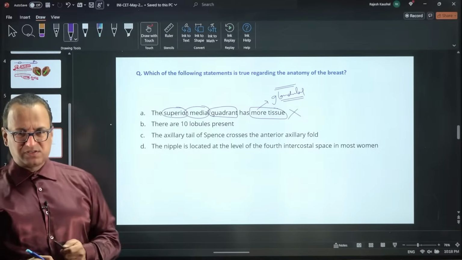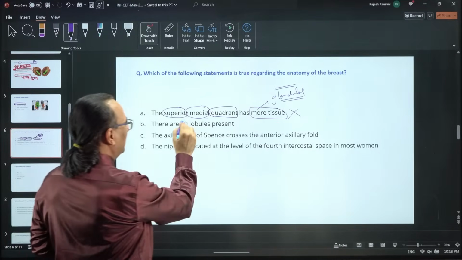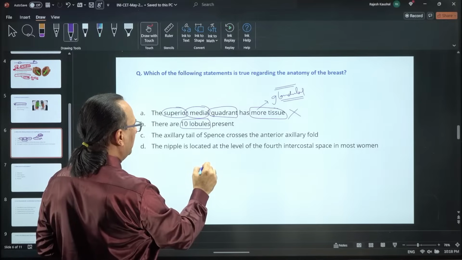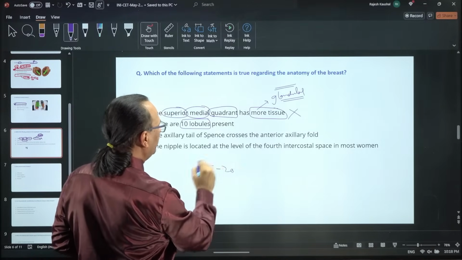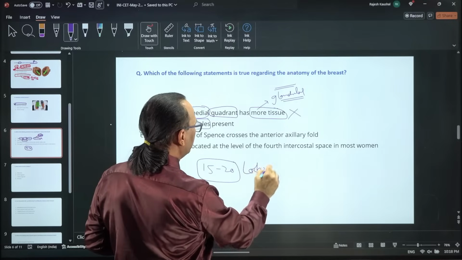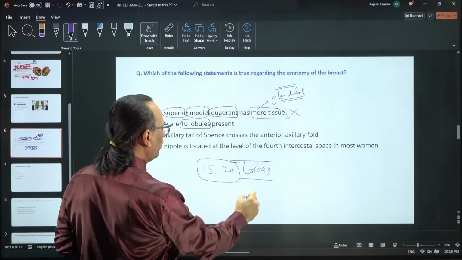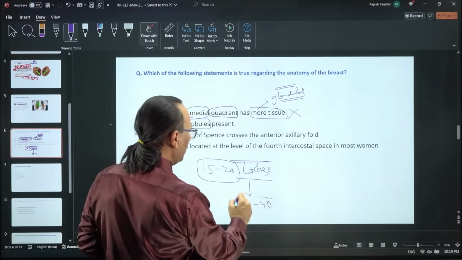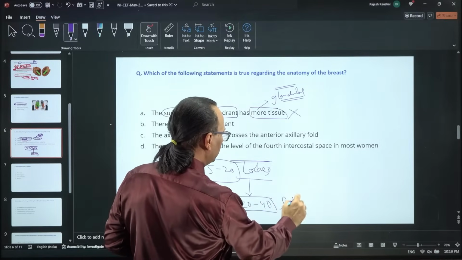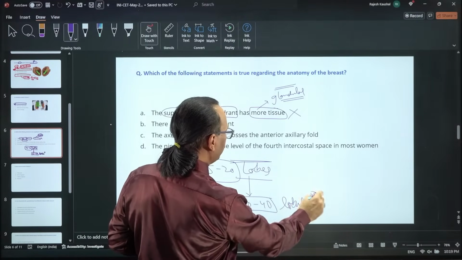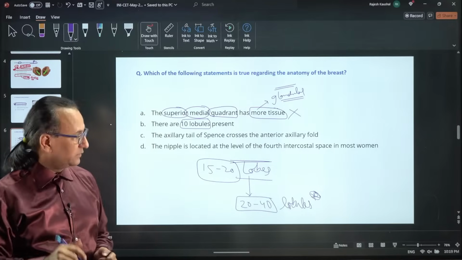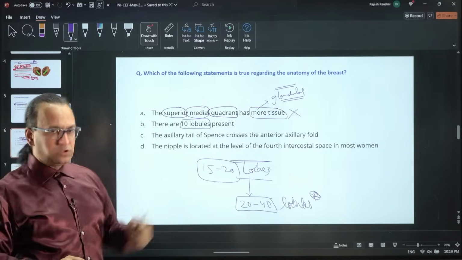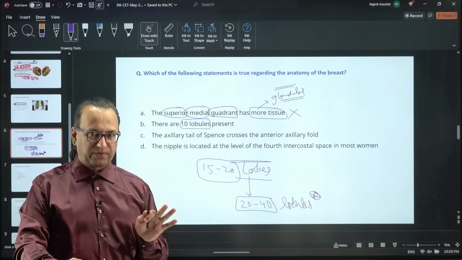So, there are 10 lobules? Not 10 lobules, there are 15 to 20 lobes, and each lobe will have some 20 to 40 lobules. I don't know exactly what the option was, but saying there are 10 lobules is not a perfect statement.